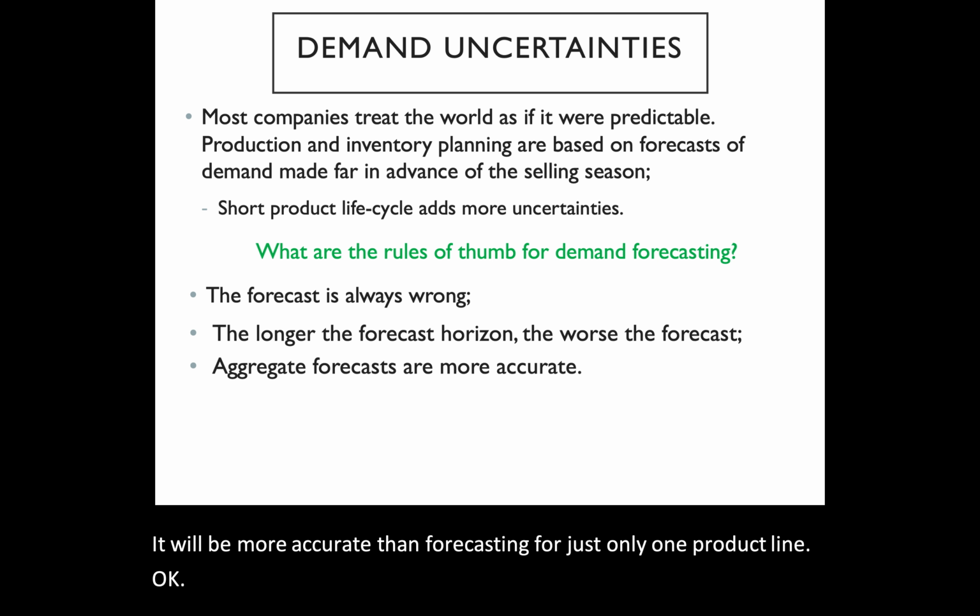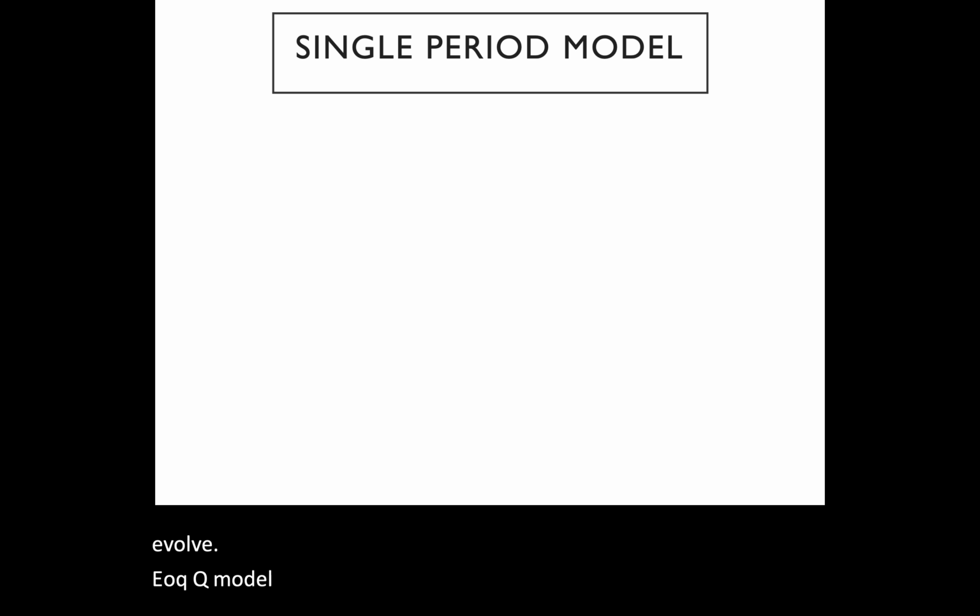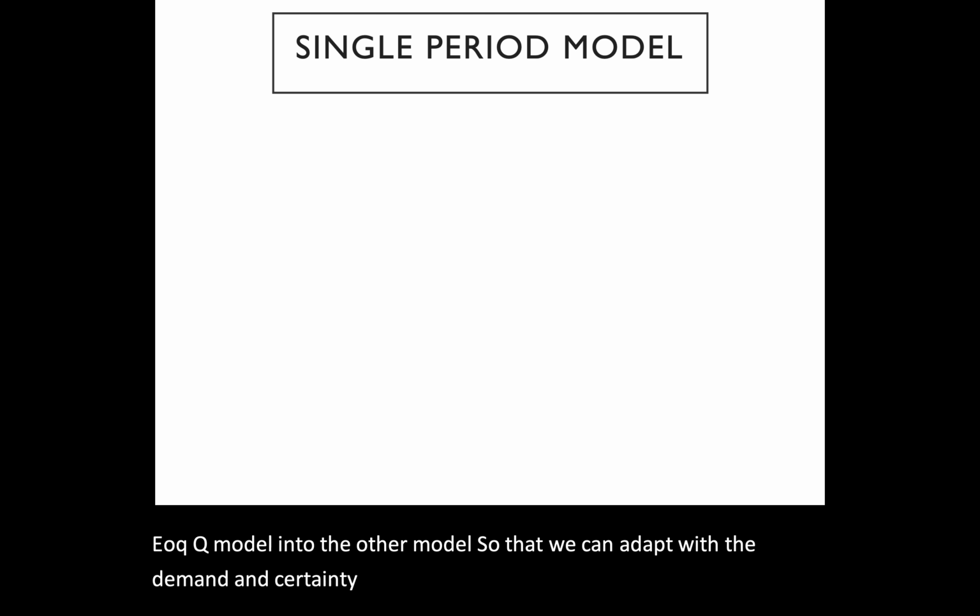Okay. And because of the demand uncertainty, we have to evolve the EOQ model into other models so that we can adapt to the demand uncertainty for the sake of inventory management.